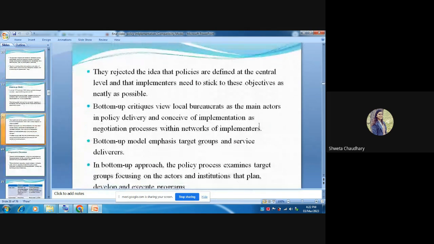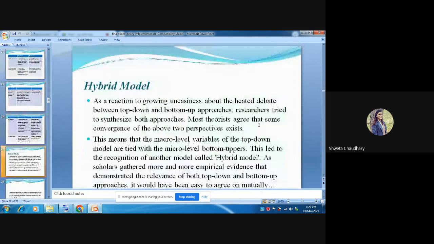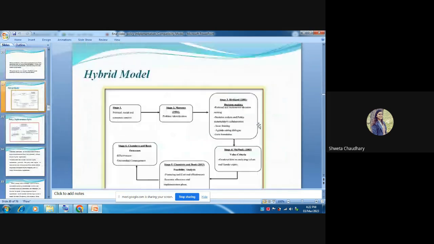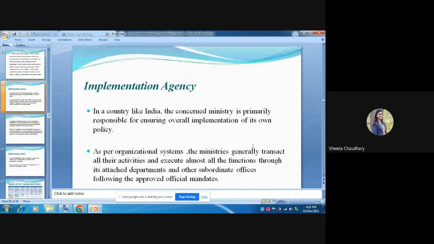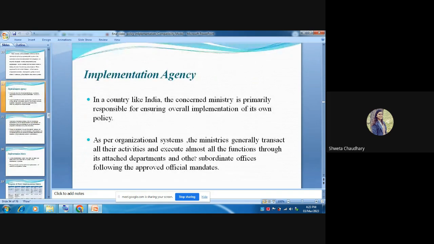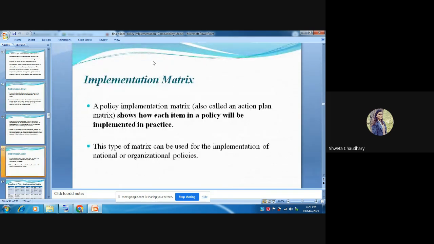Among these, the hybrid model is the best model to study policy implementation or to see the impact of policy implementation. Then we studied that the style of policy implementation can be coercion or cooperation, and we believe in the cooperation style of policy implementation. Then implementation agencies can be government agencies, non-government agencies, departments, ministries, and all. Then implementation metrics we have studied. It is just an action plan.